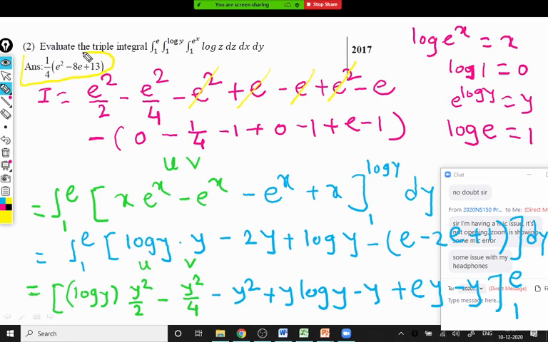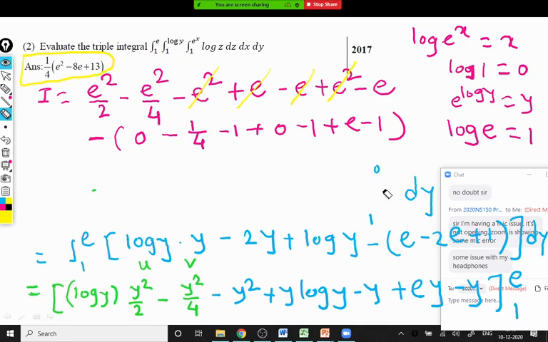Sir, if you don't mind, can you solve the last part, please? Okay, no issue. This last expression, what is the difficulty there? No difficulty, I'm just getting 2e square instead of e square. No, one of the e square already got cancelled here. So this simplification, if you observe, we are taking LCM here.